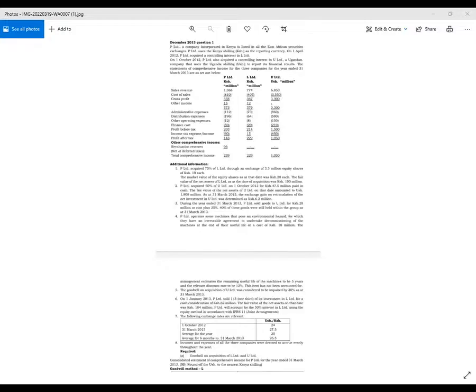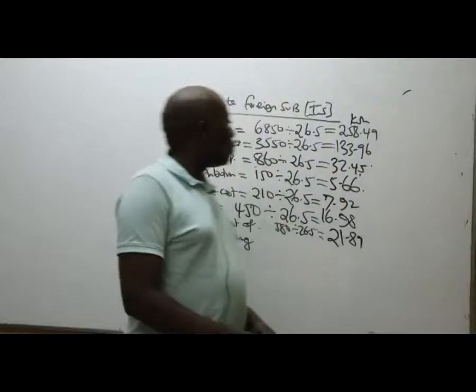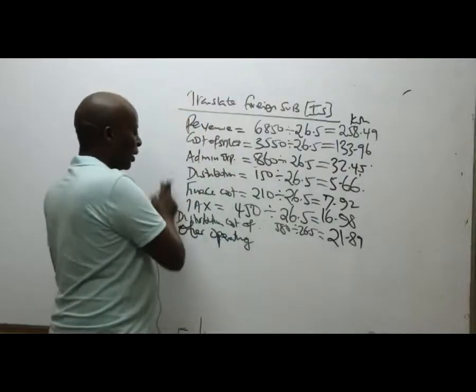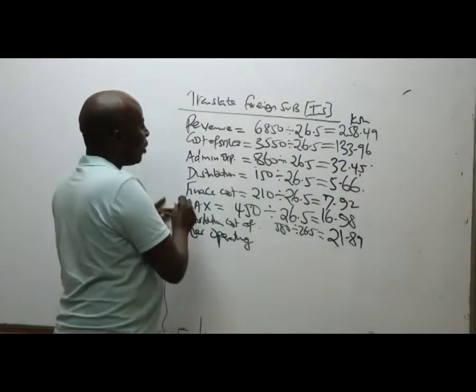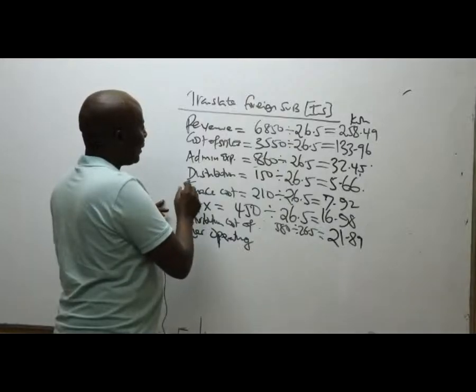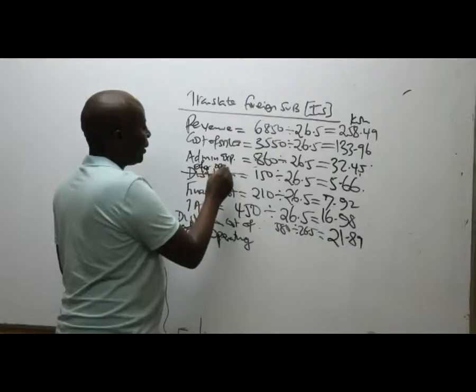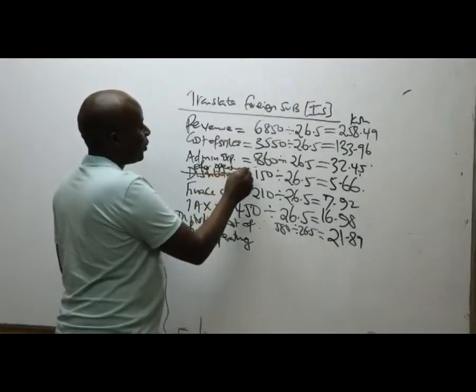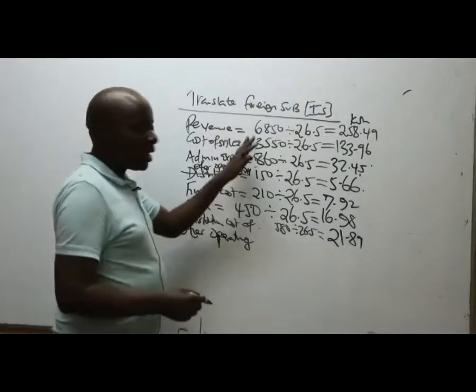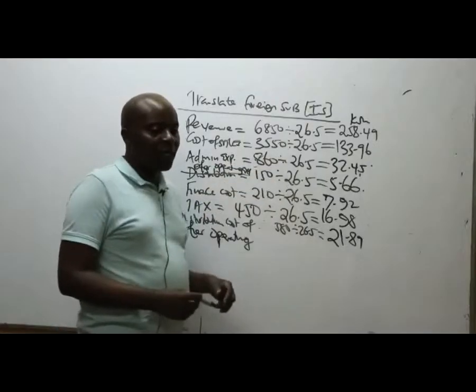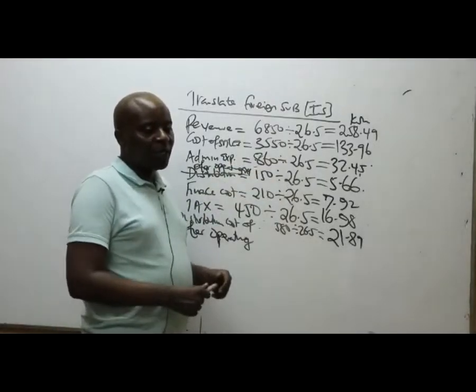Okay, now I understand what you guys are saying. This is supposed to be the other operating expenses. Thank you very much. Now, after making that change, is everything all right here?